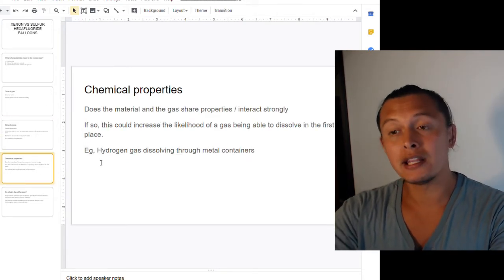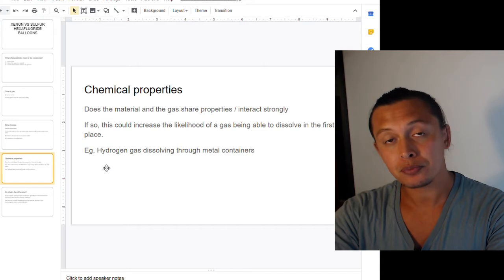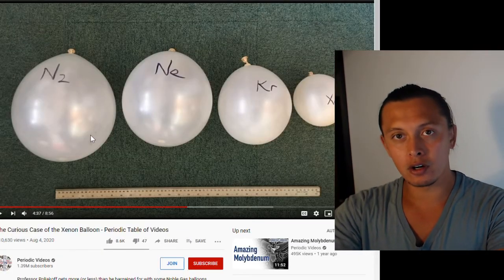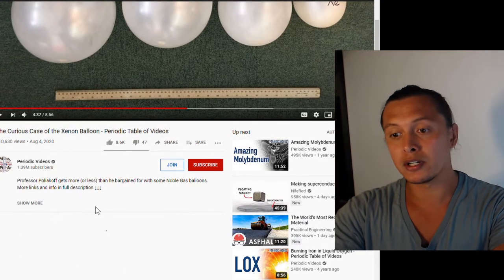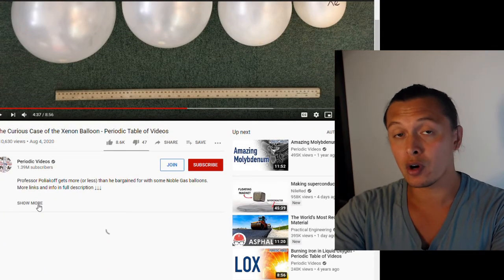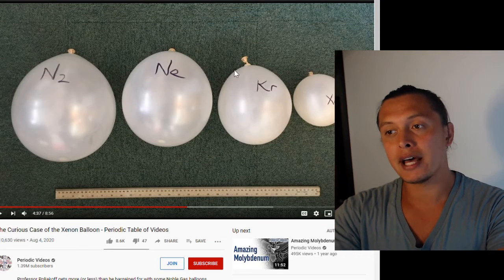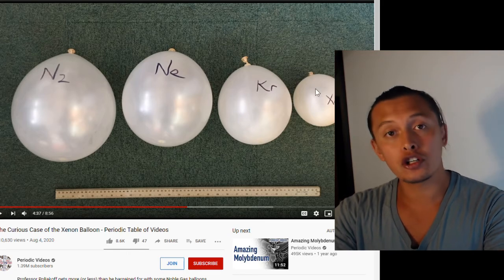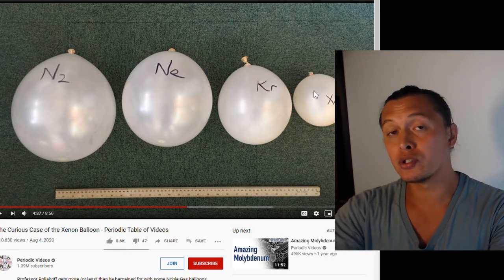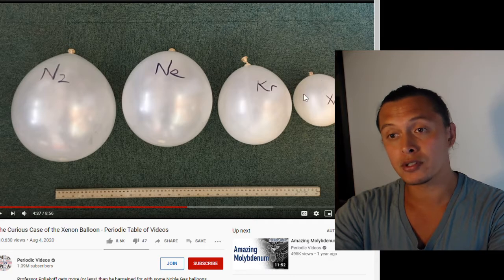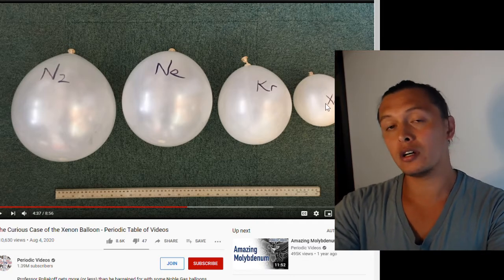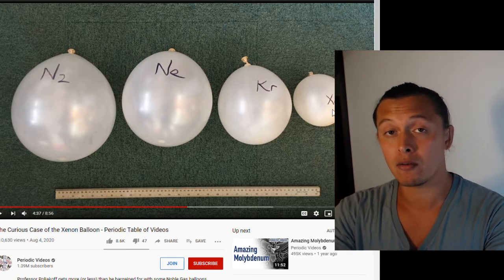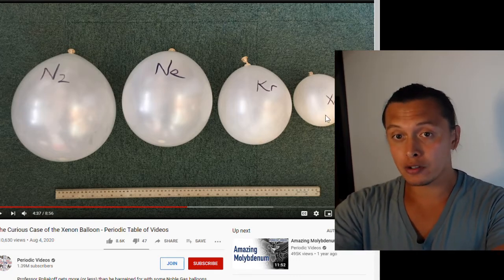So the third thing would be the chemical properties of the material and the gas itself. The Periodic Videos team made an extremely important point, looking into very old literature, over 100 years old, that described that some of these noble gases, the larger they are, the more readily they were able to absorb into the rubbers, because larger noble gases, and larger gases in general, are going to be more hydrophobic.